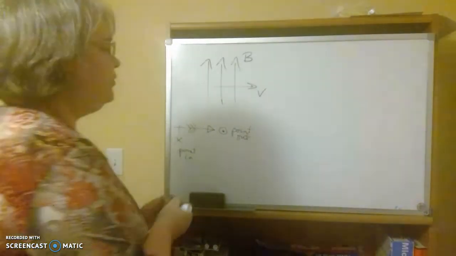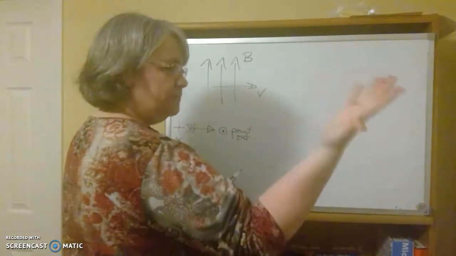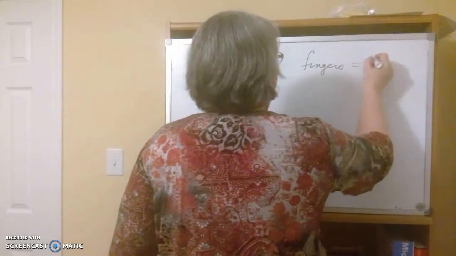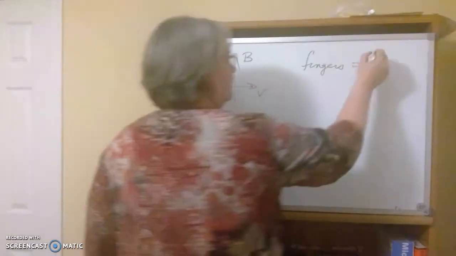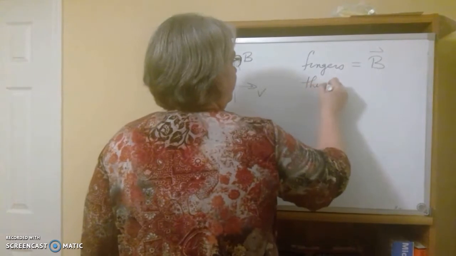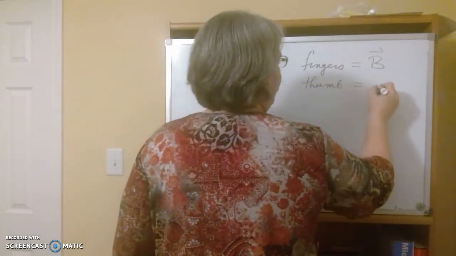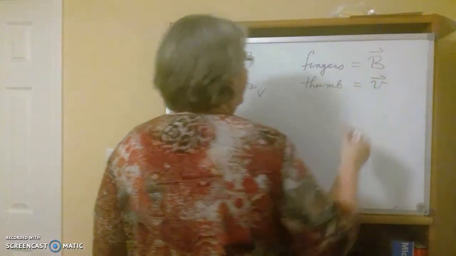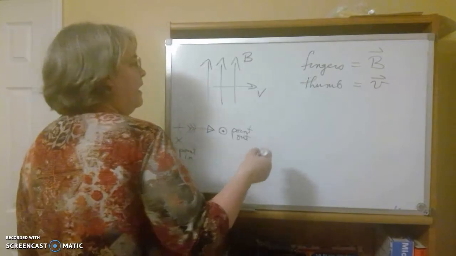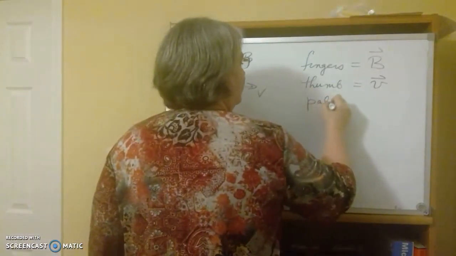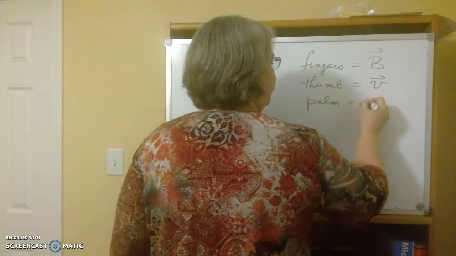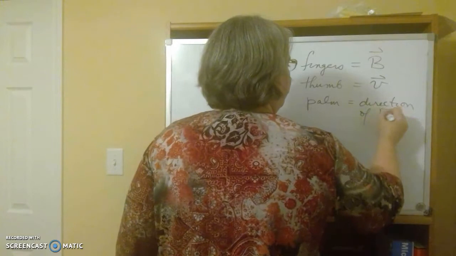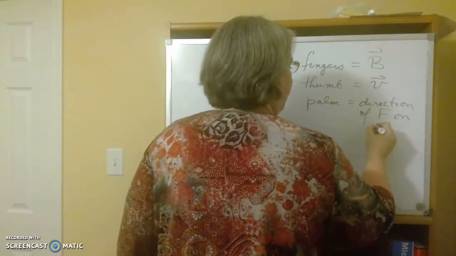We use our right hand: our fingers equal the direction of B, our thumb equals the direction of velocity, like if you'd hitch a ride, and the palm points in the direction of force on a positive charge.